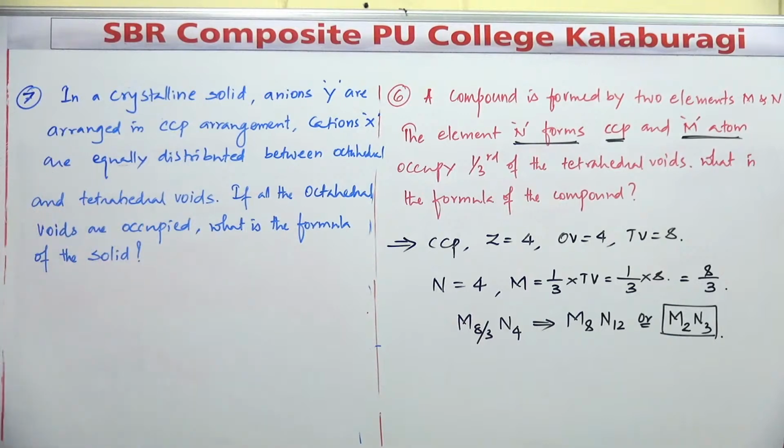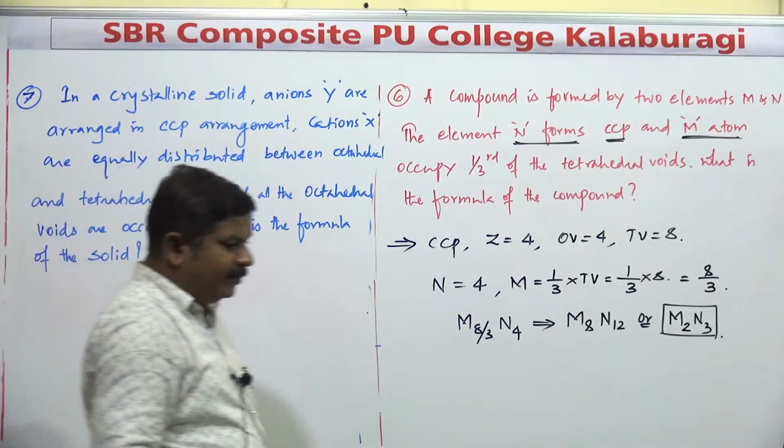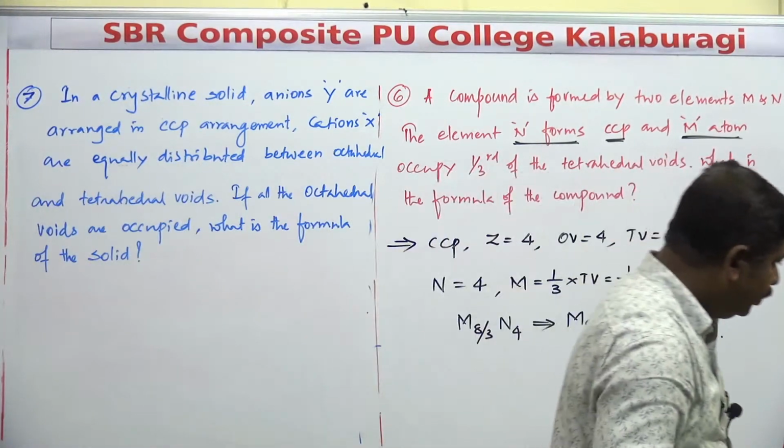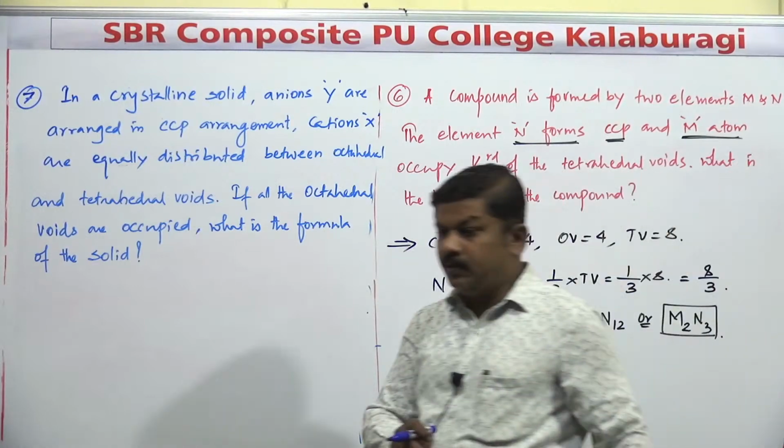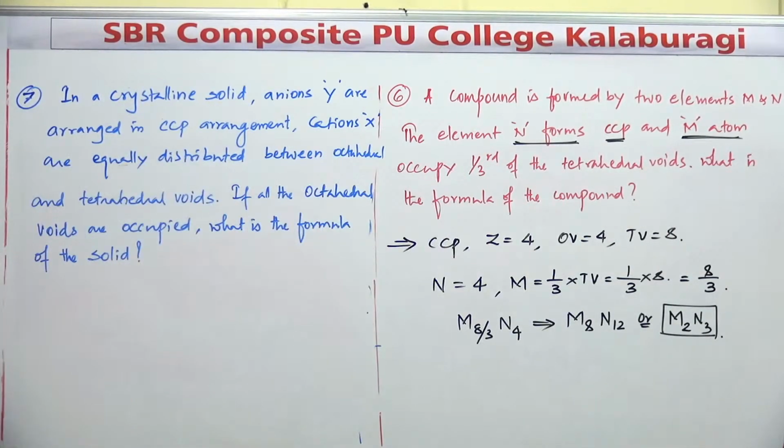Take 1 minute time and try to find out the answer for this particular numerical. What is the total formula for this particular compound? Find out first. Make it fast.